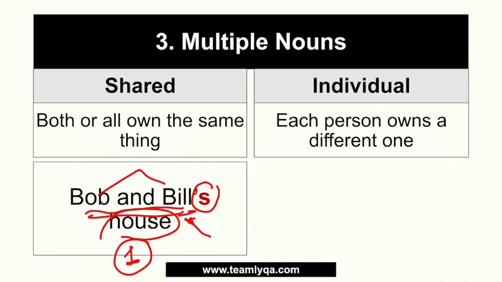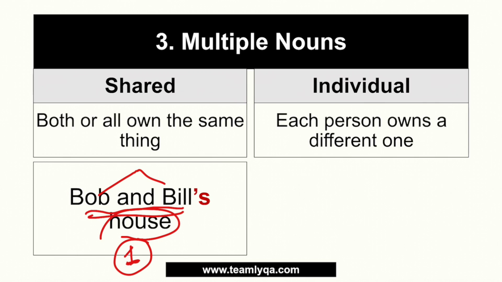No need na lagyan yung Bob's and Bill's house. So, kung dalawa silang nakatira sa isang bahay, pareho silang may-ari, Bob and Bill's house, magkasama sila bago yung apostrophe S. Parang grouping, if you think about it. Para siyang nakaparenthesis na ganyan. So, silang dalawa at silang parehong may-ari nung bahay.